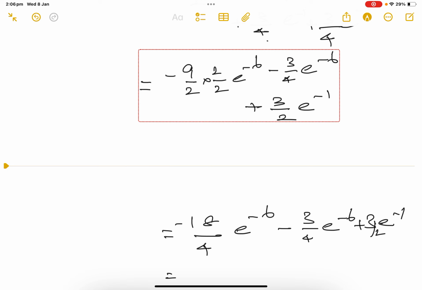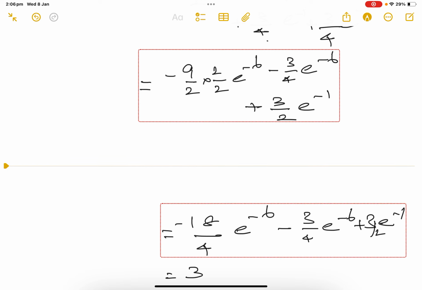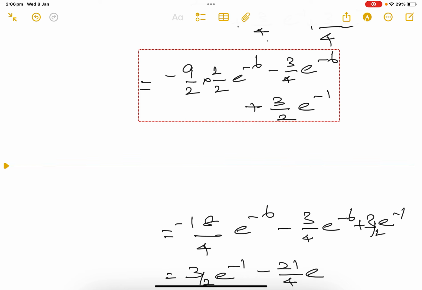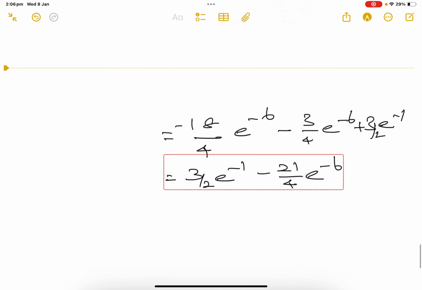If you write the positive one first, e to the minus 1, this is 18 over 4 and 3 over 4, both minus, so that is minus 21 over 4 e to the minus 6. Finally, this is the answer for the area of R. Thank you.